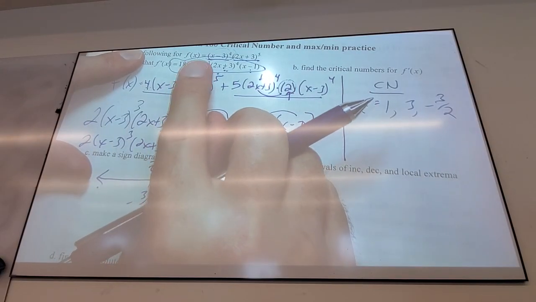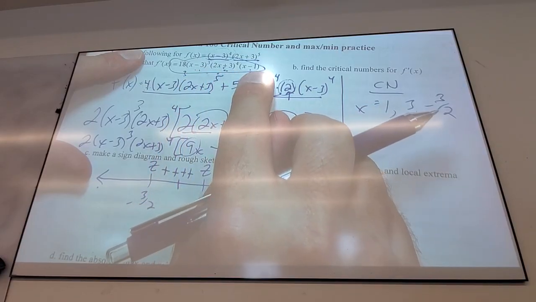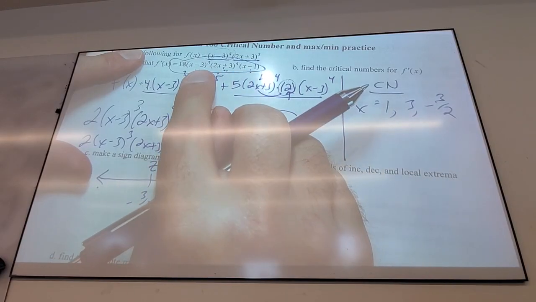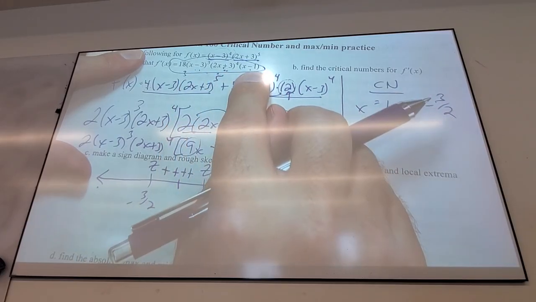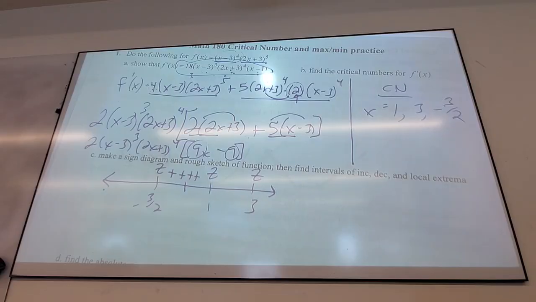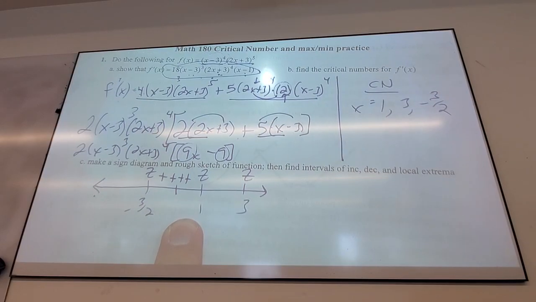It's going to be negative times positive times negative. If you want to be more specific, it'll be negative 27 times 81 times negative 1. But again, I don't give a shit about the number. We only care about positive and negative because it was the only thing we want this to tell us: if the function is going up or down. That's all we care about at the moment, right?